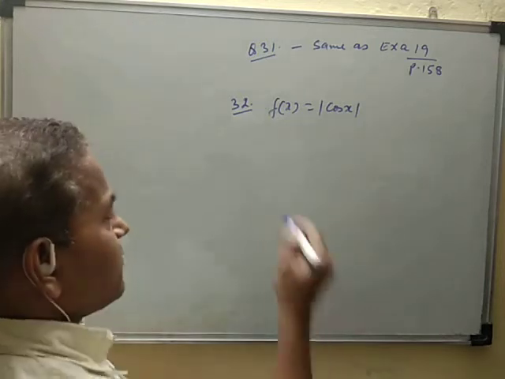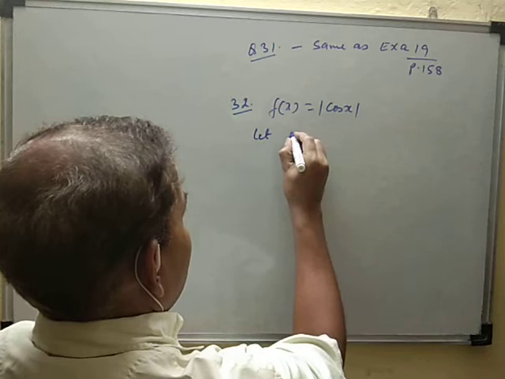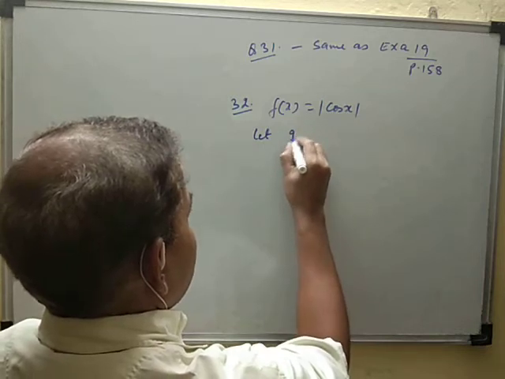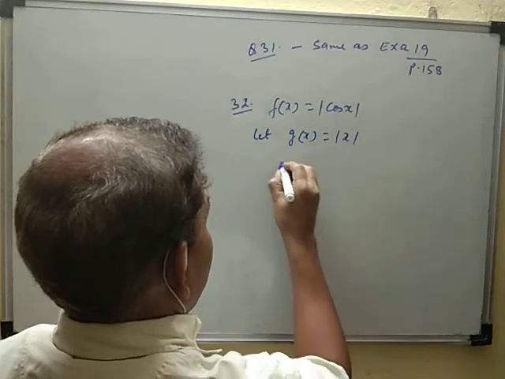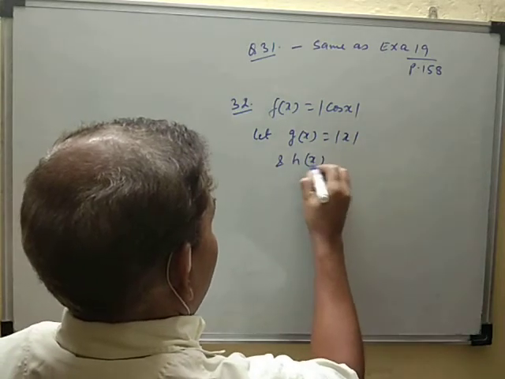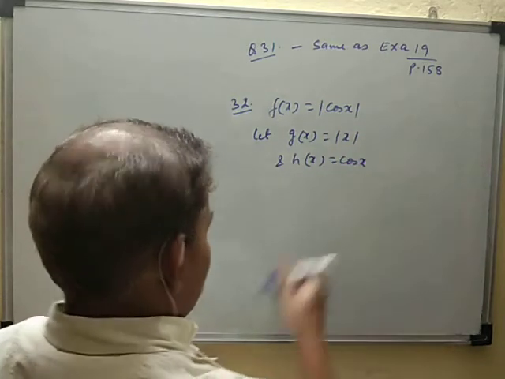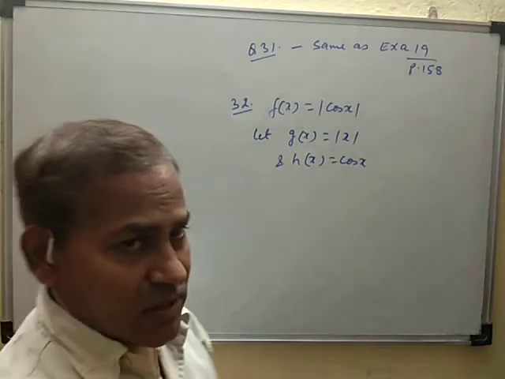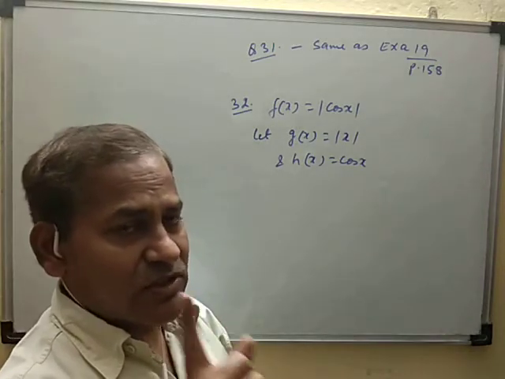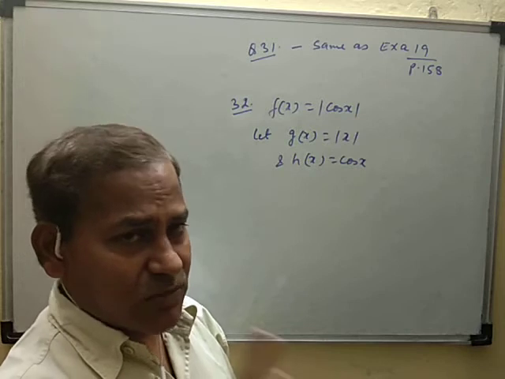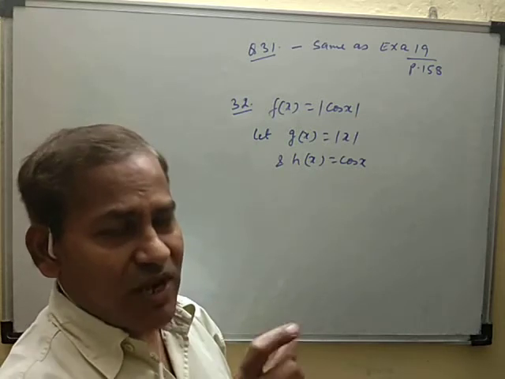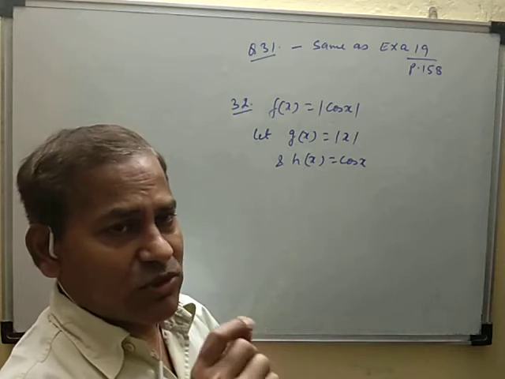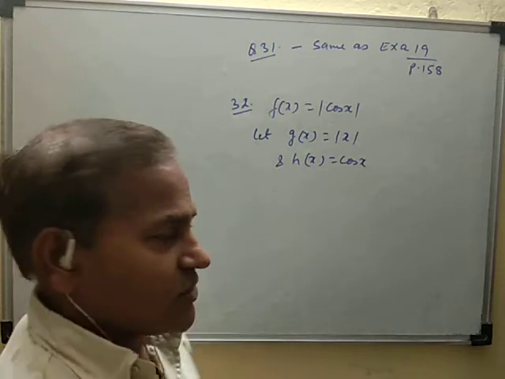So suppose let g of x is equal to mod of x and h of x is equal to cos x. Here there are two functions. First function modulus function, so suppose g of x is equal to mod x, and next cosine function, so suppose h of x is equal to cos x.